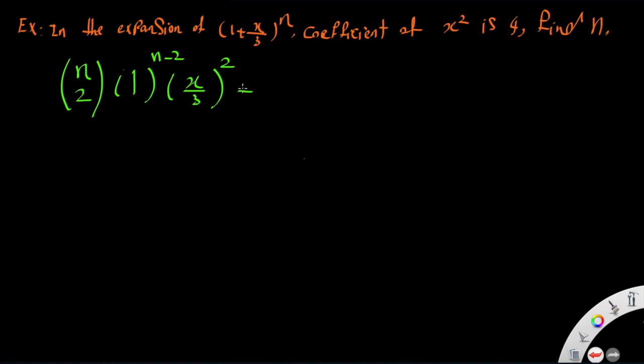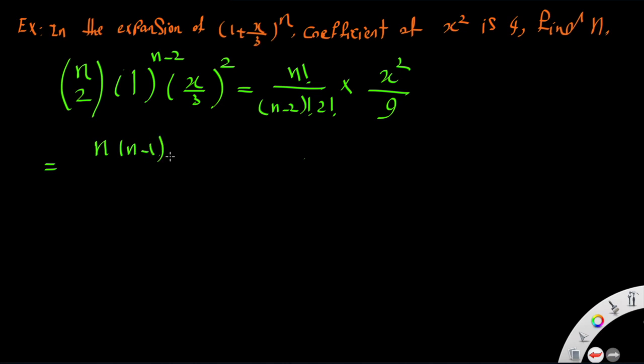So it would be combination of n and 2, which is n factorial over n minus 2 factorial times 2 factorial, times 1 to any power which would be 1, times x squared over 9. Now instead of n factorial, I write n times n minus 1 times n minus 2 factorial, over n minus 2 factorial times 2 factorial.